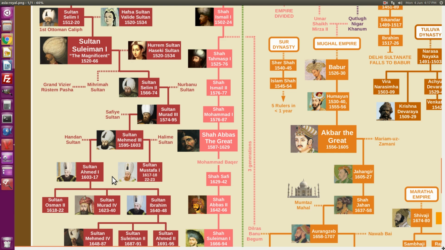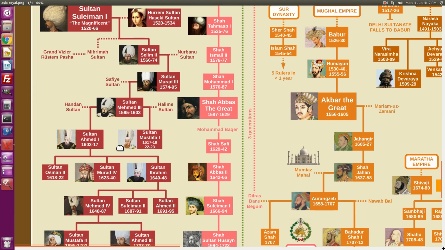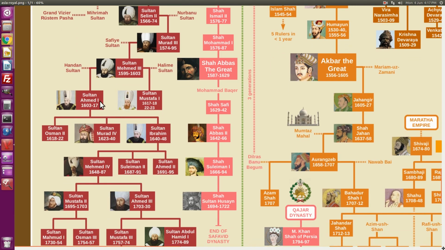So things start to look a little bit different from this point forward. After Ahmed, we get Mustafa I, but then we see the power goes back and forth here a little bit. There was some conflict here. There was Osman II, son of Ahmed, who becomes sultan for a brief period of time, but is actually killed due to some political reasons.